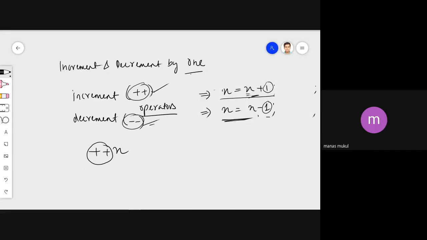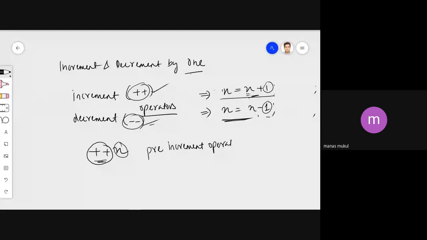Okay, now let's see what exactly happens. Where plus plus appears before its operand, isn't this an operand? Yes, it's an operand. So when plus plus appears before its operand, the increment operator is called the pre-increment operator.